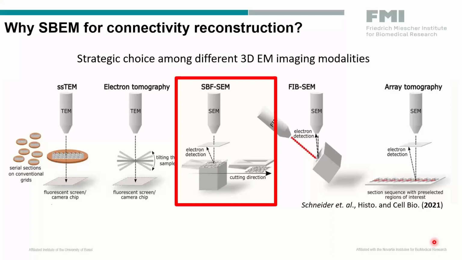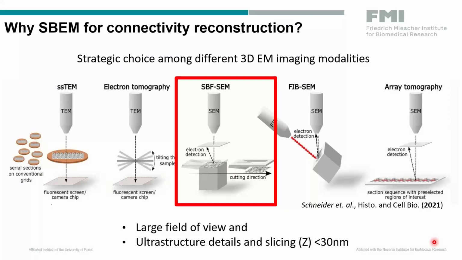But serial block face scanning electron microscopy offers unique features like a large field of view, and in the meantime, we gather very high resolution images, and in addition, the slicing in Z is lower than 30 nanometers.